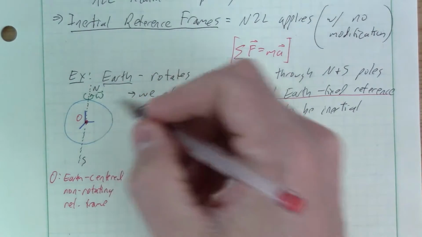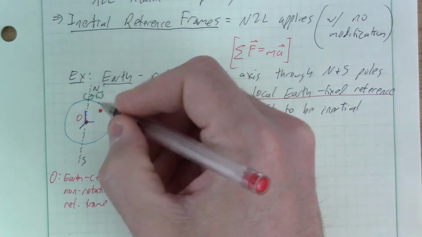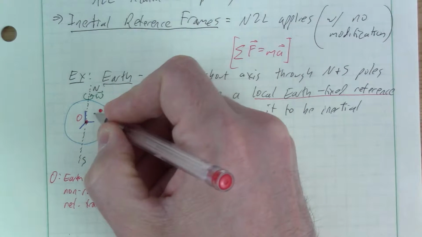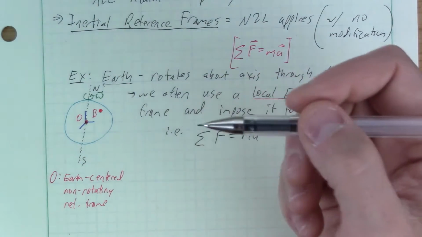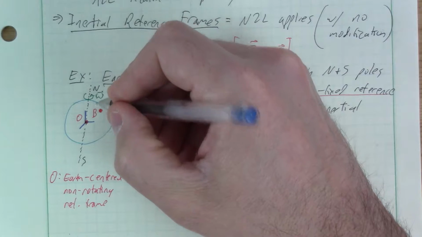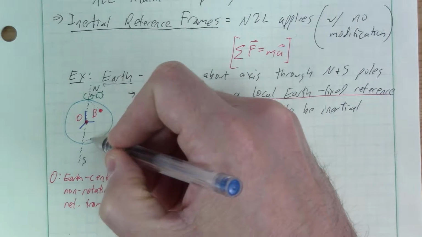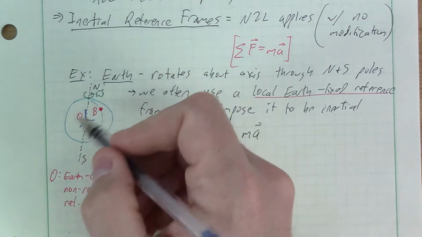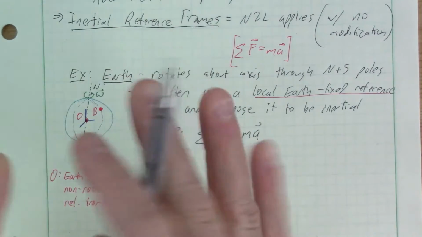Then we go to the surface of the Earth somewhere, which is where we live, and let's say we've got point B here. Now, when we go to analyze this, maybe we put the north direction. So this is supposed to be on the surface of the Earth. So let me put a line of longitude there. There would be another one over there, because it's a sphere, it's kind of coming out at us.